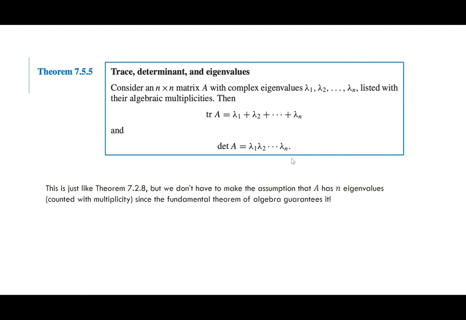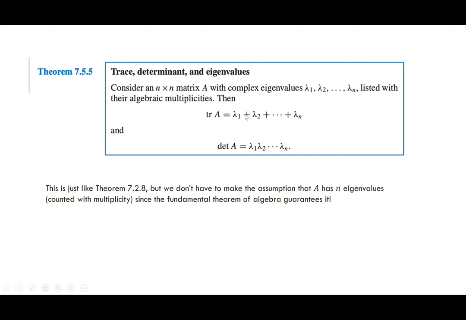One, this is just like theorem 7.2.8, but in that theorem, we had to assume that A had n eigenvalues. Now we don't have to, because the fundamental theorem of algebra guarantees that we have n eigenvalues with multiplicity. This is basically the same theorem, but now we don't have that assumption because we're allowing complex eigenvalues.